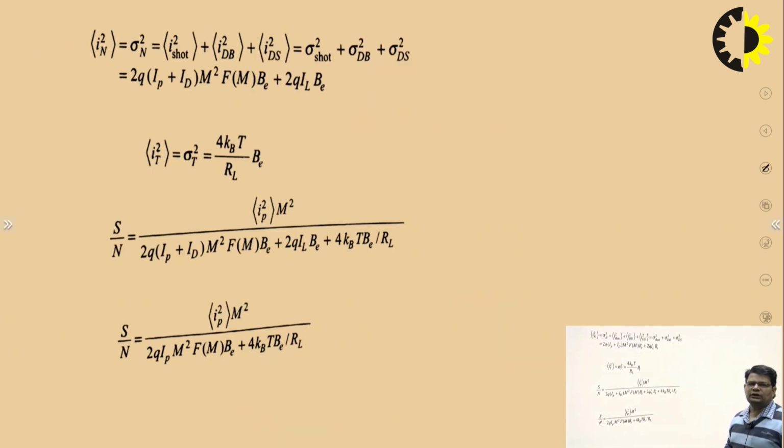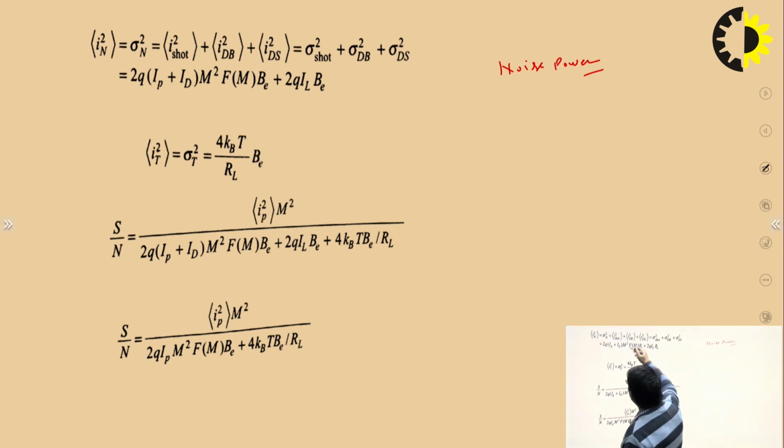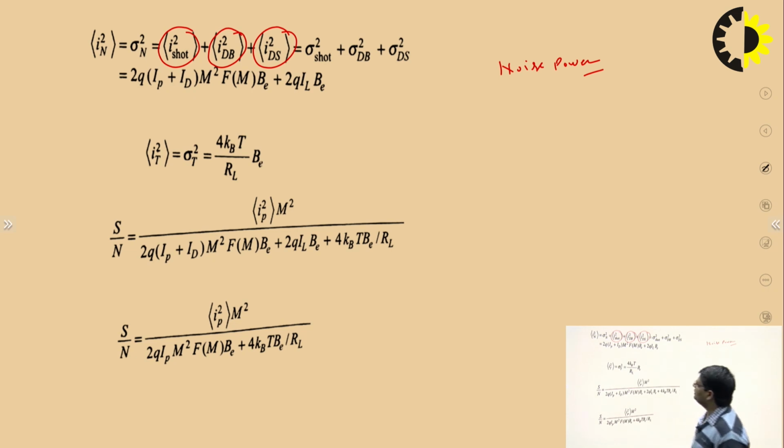Then basically we have to calculate the noise power. The noise power will be calculated by considering all the types of noises or errors that we have discussed previously. So, the noise power will be calculated by the sum of shot noise, dark current and surface leakage current, etc. So this one is given.